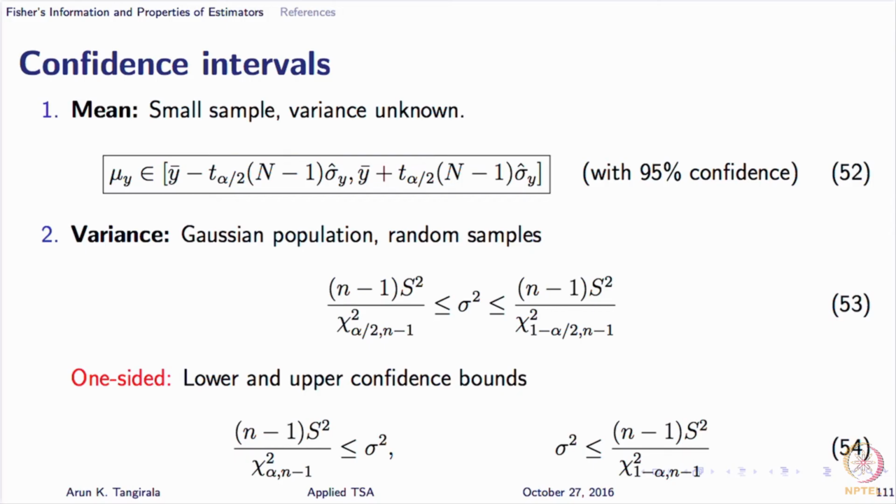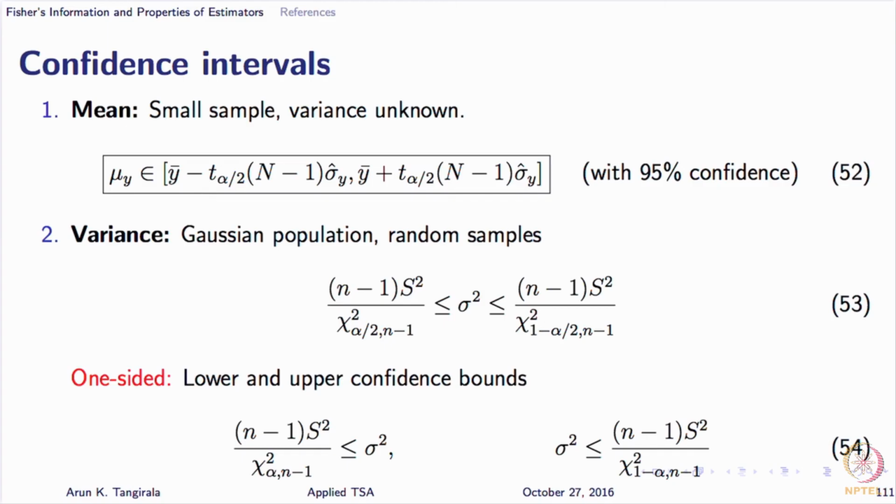So as n grows very large, the t distribution tends to the Gaussian distribution. So you should not even be worried about a t distribution when n is very large, even though the variance is unknown. These are some standard results from statistics, very well known for decades.